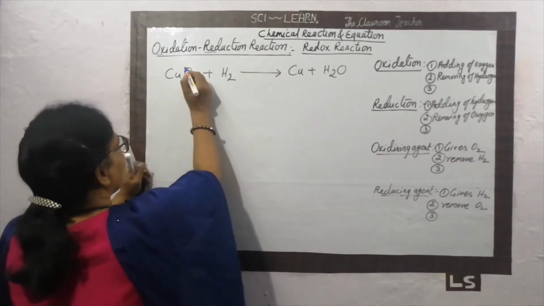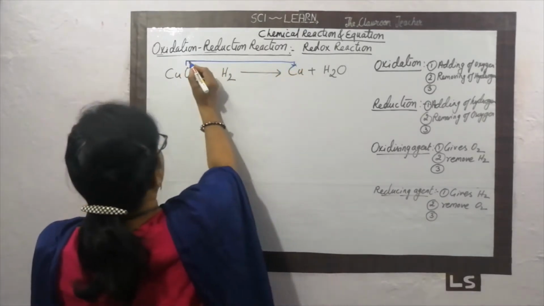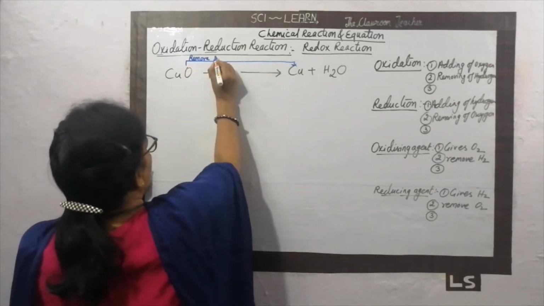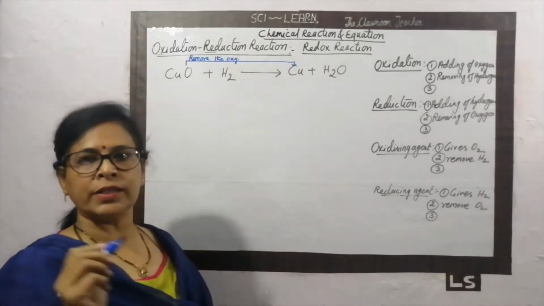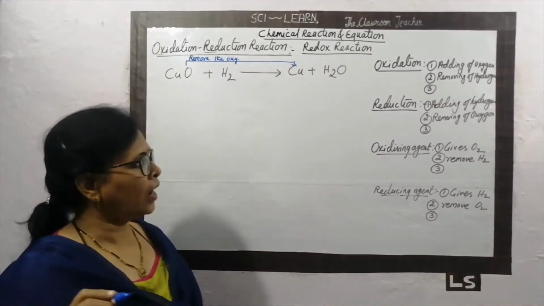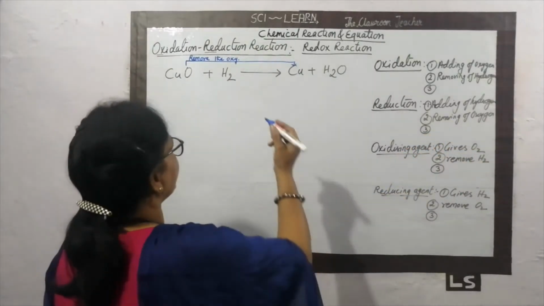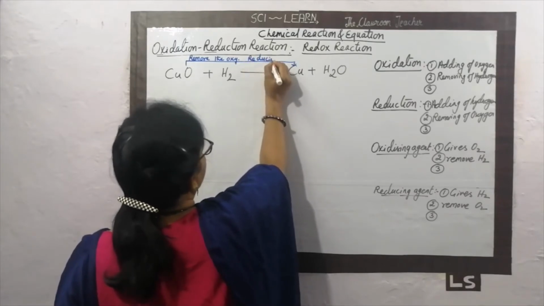So what is going on here? When copper oxide turns into copper, it actually loses the oxygen. We know that if oxygen is removed, then the process is called reduction. So what is going on here? Reduction.